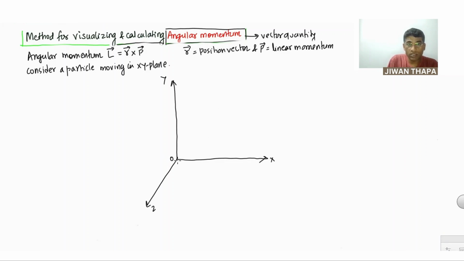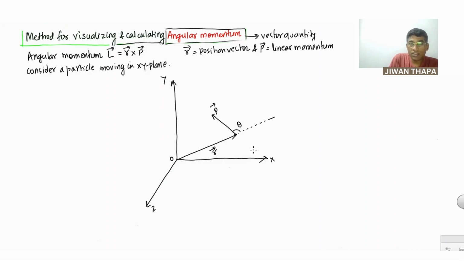So this is origin. This is the position vector, and let us consider linear momentum P acting along this direction, and this angle is theta. So theta is the angle between position vector and linear momentum.